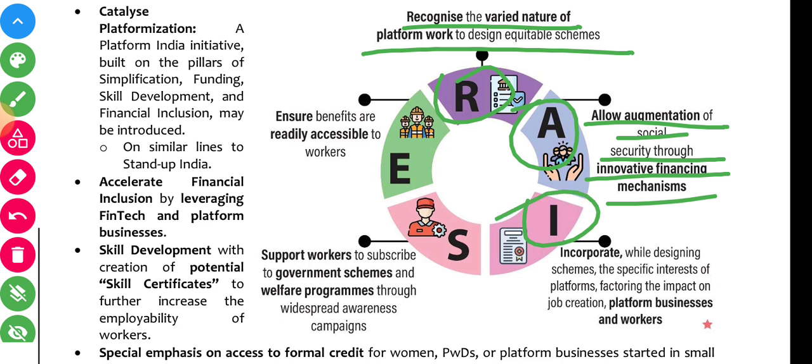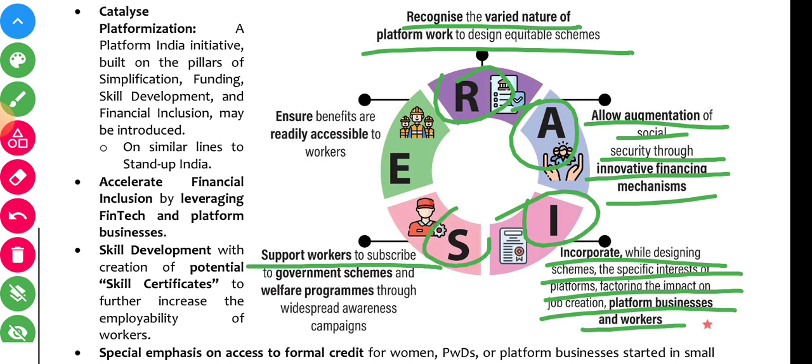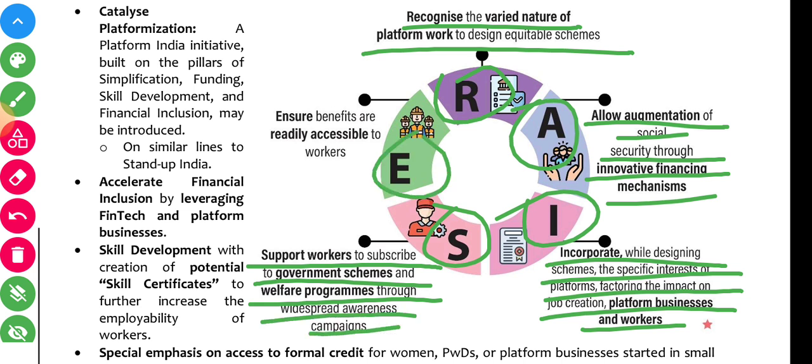I stands for incorporate, while designing schemes, the specific interests of platforms, factoring in the impact on job creation, platform businesses and workers. S stands for support workers to subscribe to government schemes and welfare programs through widespread awareness campaigns. E stands for ensure benefits are readily accessible to workers.